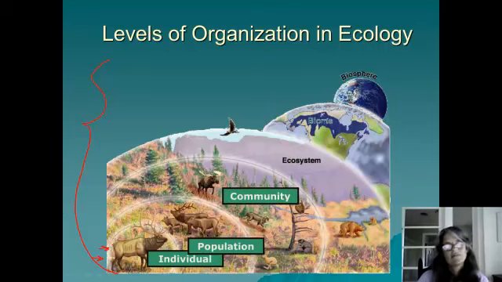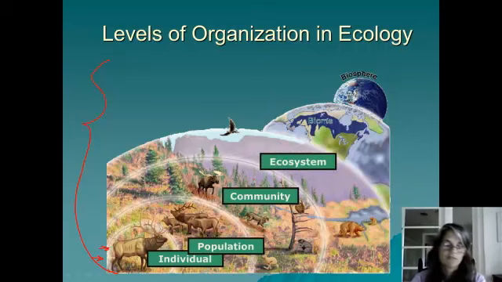And then if you've got not only the elk, but also the owls and the moose and the trees and so on that you're considering, then you're talking about the community level, all the different species in an area. And then if you're talking about not only all those different species, but also the non-living parts of the area in which we live, then you have brought your level of study up to the ecosystem level.